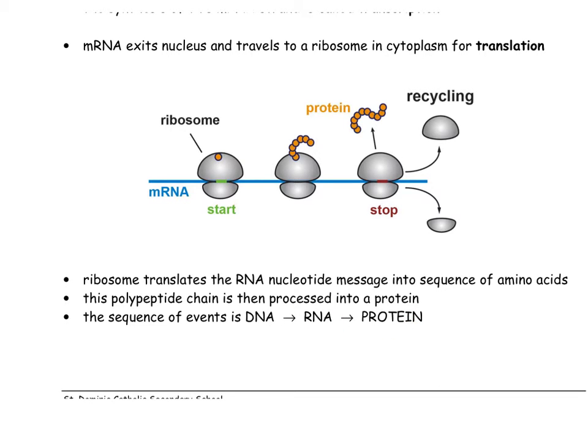And this is what is referred to, and it's a big deal in biology, as the Central Dogma of molecular biology. A dogma is like a truth or an understanding.